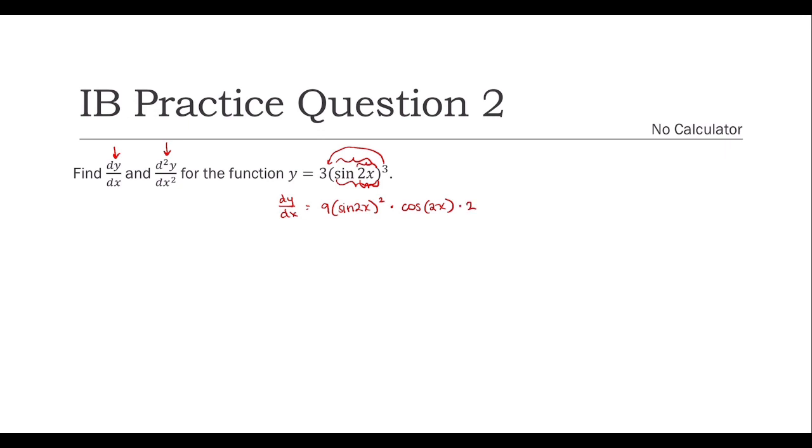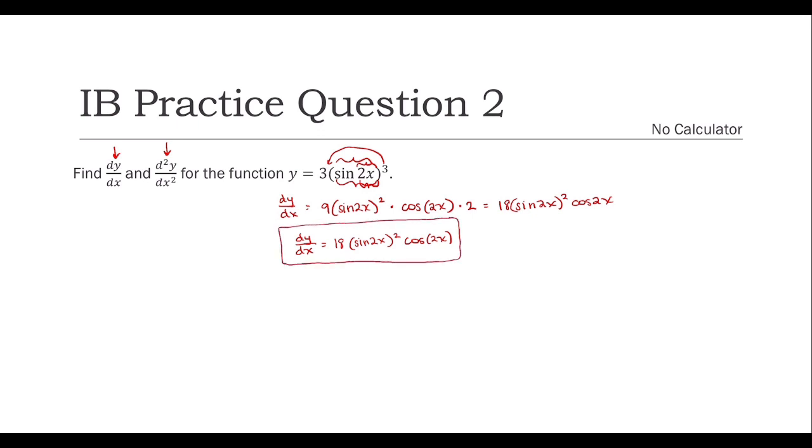So this simplifies to 18 sine 2x squared cosine 2x. So dy dx equals 18 sine 2x squared cosine 2x. So there's our first derivative.